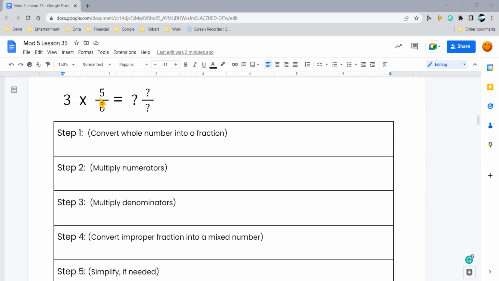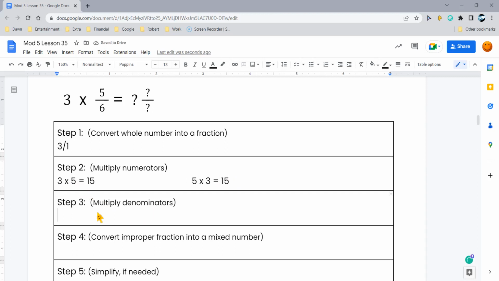I have 3 times 5/6. So right here, I'm going to take my 3 and put it over 1. And then right here, multiply my numerators. I'm going to do 3 times 5, or I could do 5 times 3. Either way, both answers equal 15. 3 times 5 is 15, and 5 times 3 is 15.